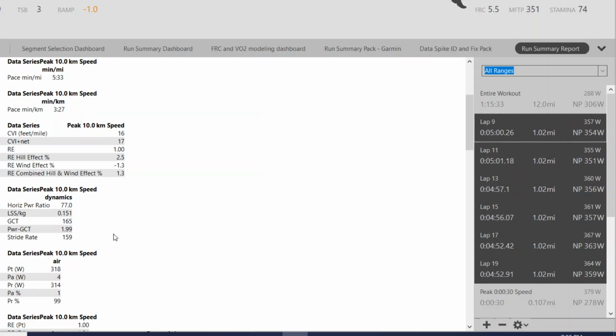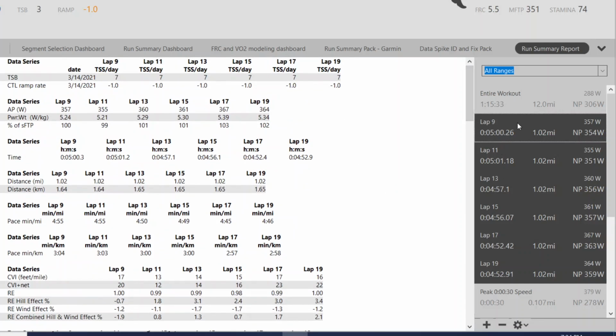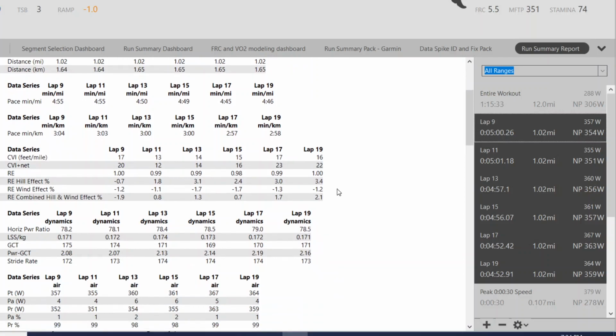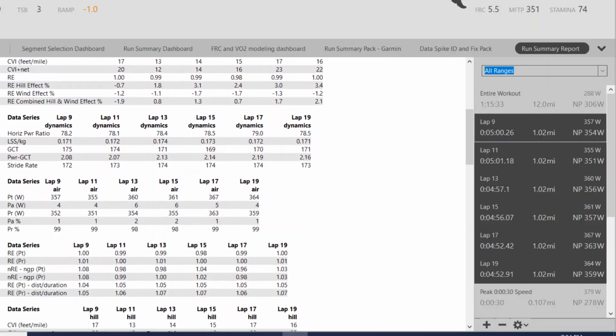There is 6 times 1 mile, with 1 minute rests or recoveries. I just have the work intervals highlighted, and you can see there are his power numbers, percentages of FTP, the duration it took for each one, the distance covered, his pace, running effectiveness, and some analytics that help you digest running effectiveness, the essential running dynamics, and then looking at the air power components.